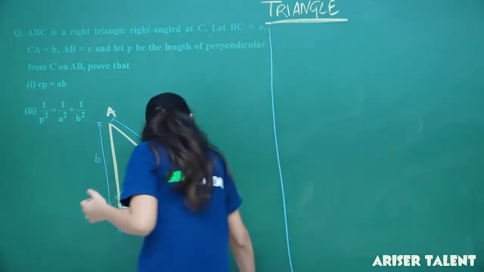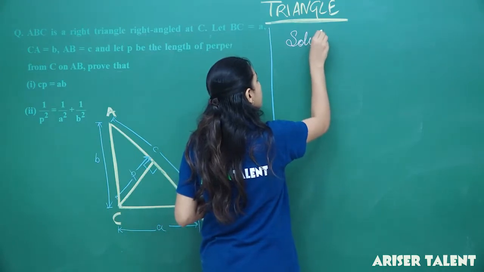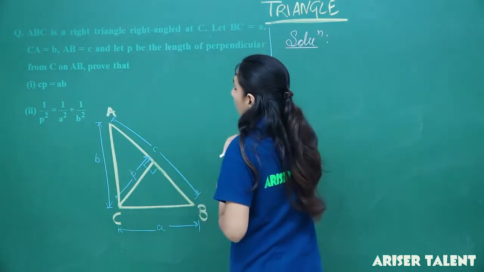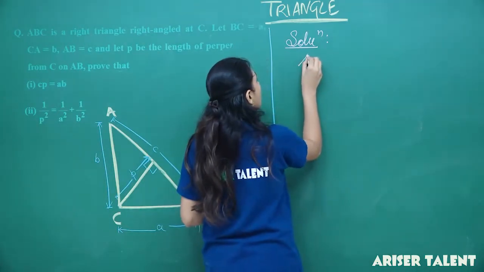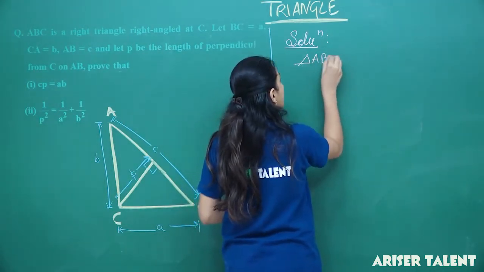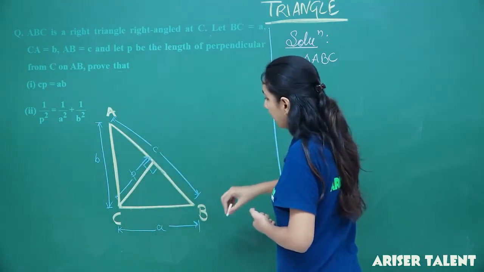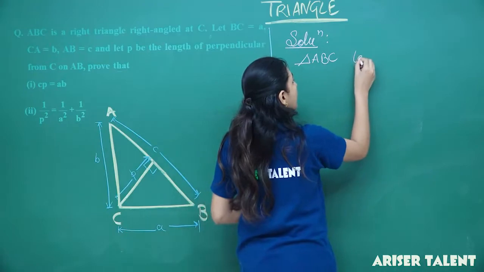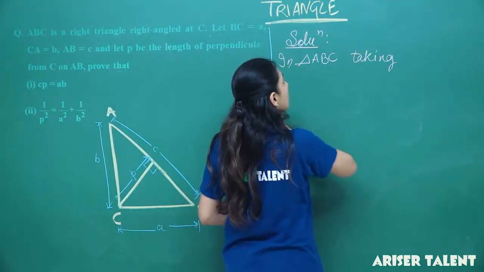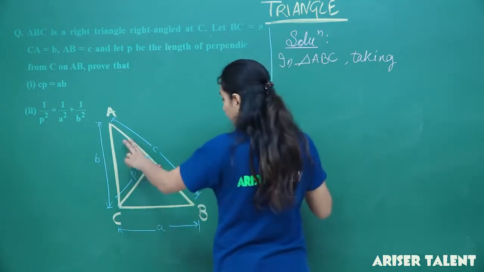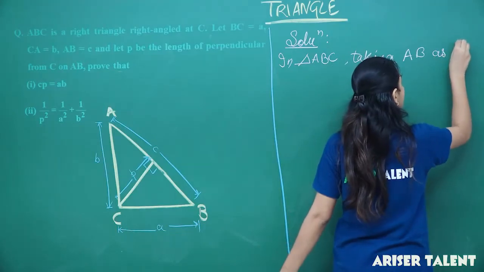So, starting with the solution part, if we see this triangle ABC, taking AB as base.